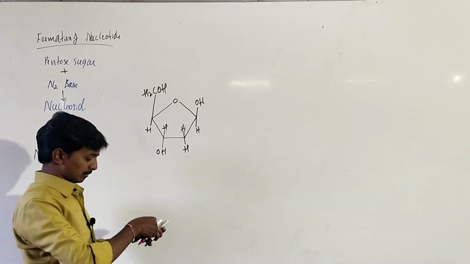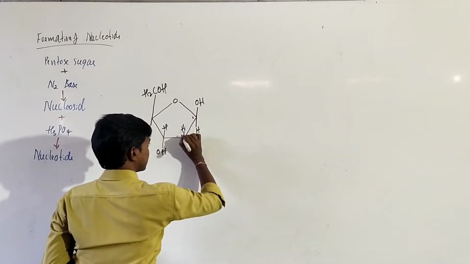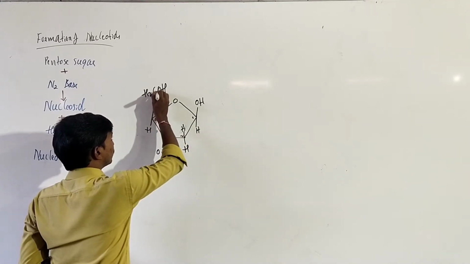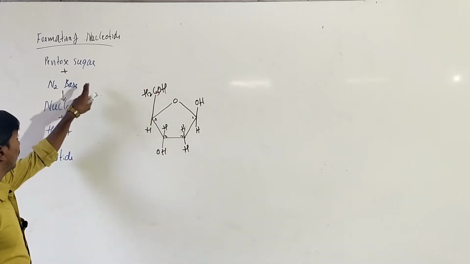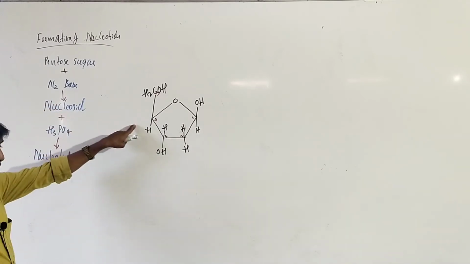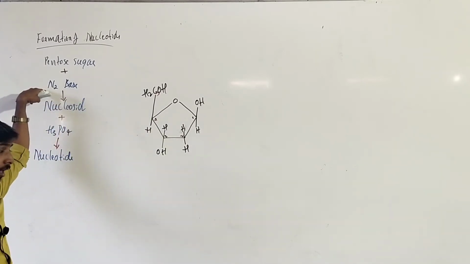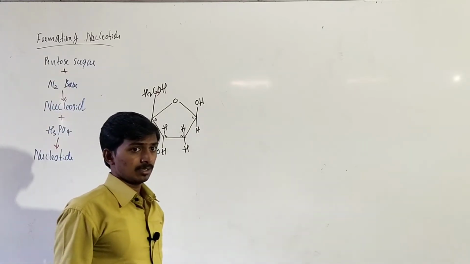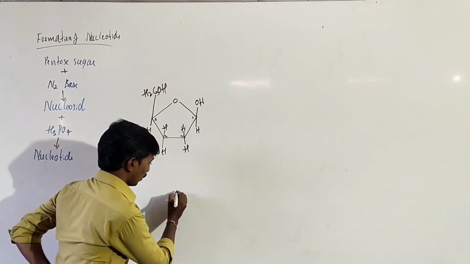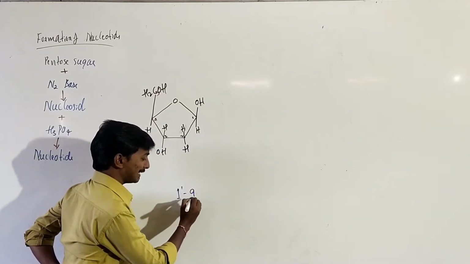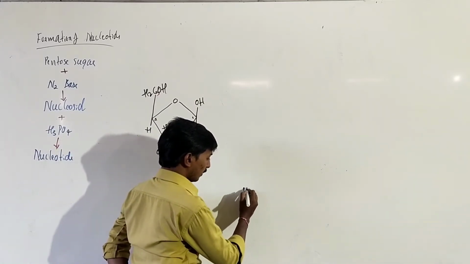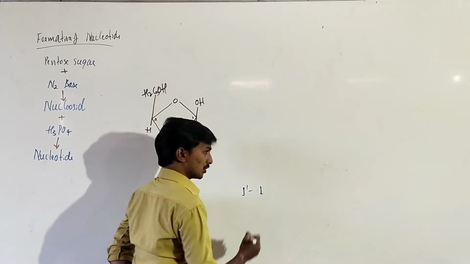Let us label the carbon numbers: the first carbon, second carbon, third carbon, fourth carbon, and this is the fifth carbon. This is our pentose sugar. To this pentose sugar, the nitrogen base should bind. I told you in the previous class, while differentiating purines and pyrimidines, that purines will form a 1' 9 glycosidic bond and pyrimidines will form a 1' 1 glycosidic bond.